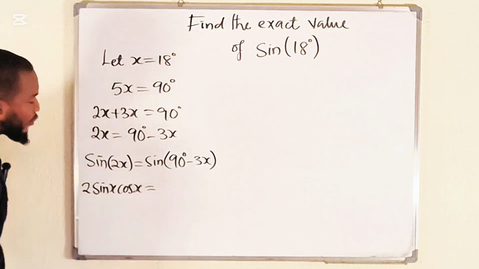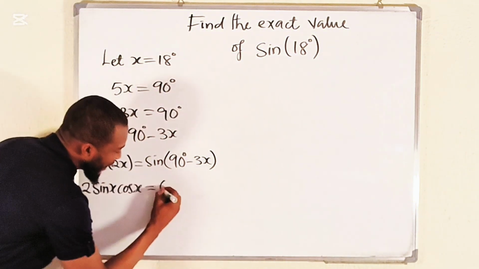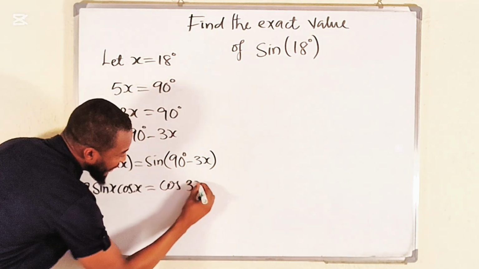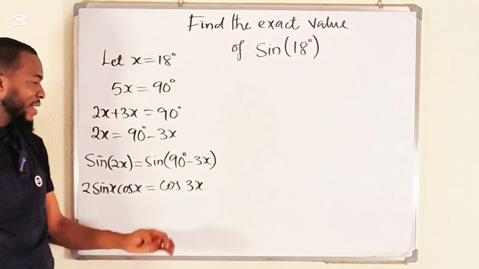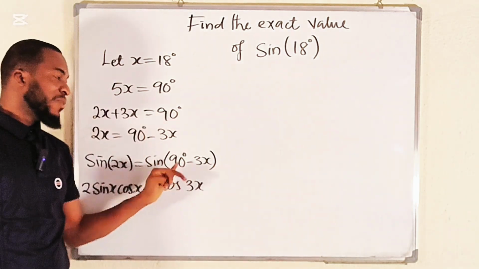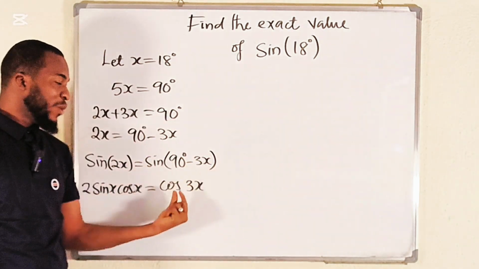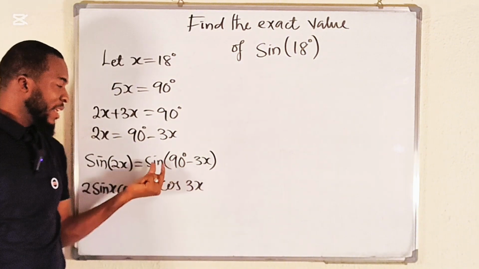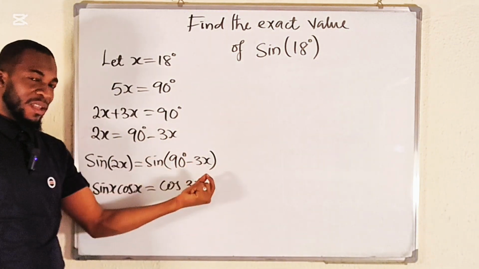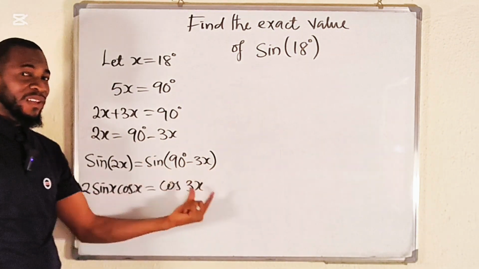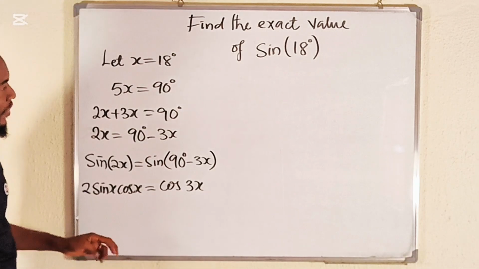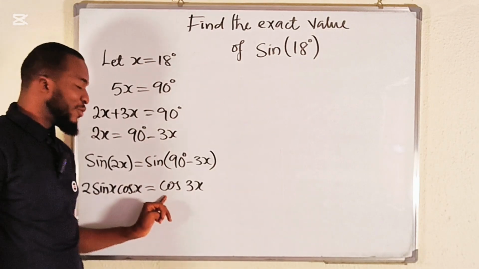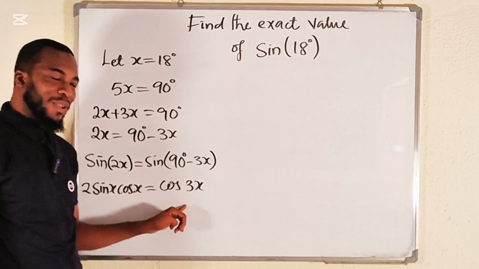This is equal to cosine of 3x. Remember your cofunctions. Sine of 90 degrees minus any acute angle will be cosine of that acute angle. If it is cosine of 90 minus any acute angle, it will be sine of that acute angle, remember.